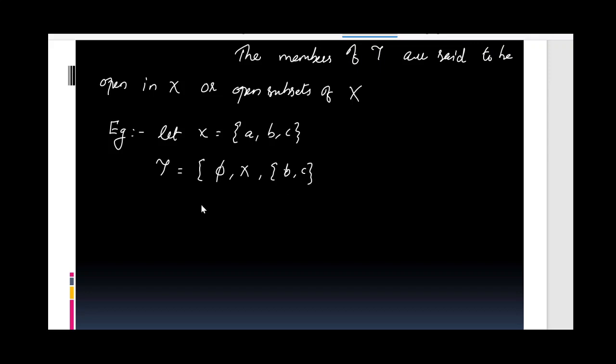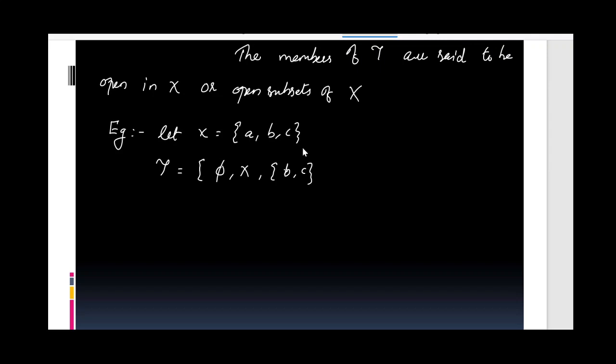Will it be a topology? Let us see. I'm taking the empty set, so the first condition is satisfied: the empty set and the entire set belong to the family. Next, we want it to be closed under arbitrary union.